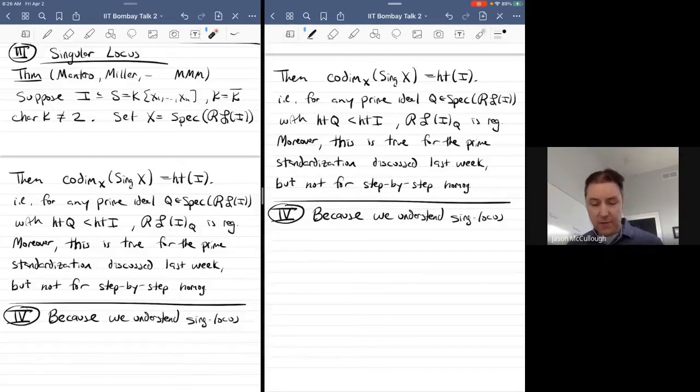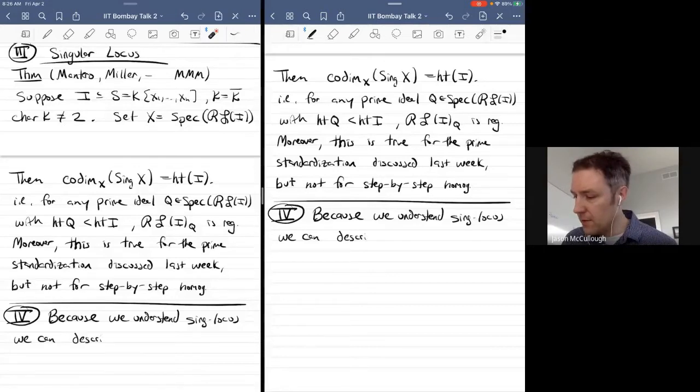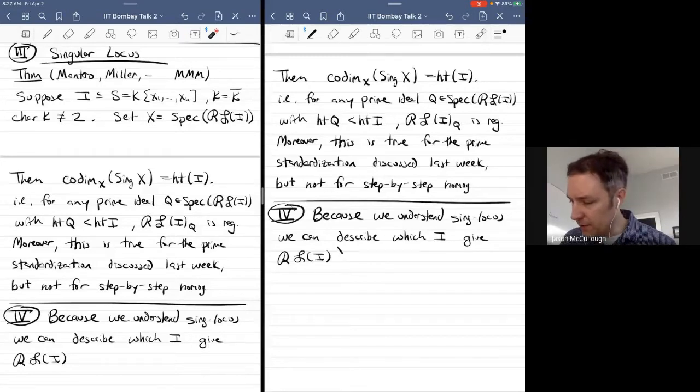we can precisely describe for which ideals the prime standardization of the Rees-like algebra has a smooth hyperplane section. We can describe which I give a Rees-like algebra, and I'll just put maybe a star here to mean the prime standardization of that Rees-like algebra, that is smooth, or that has a smooth hyperplane section.